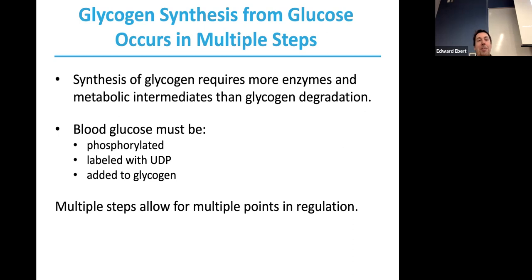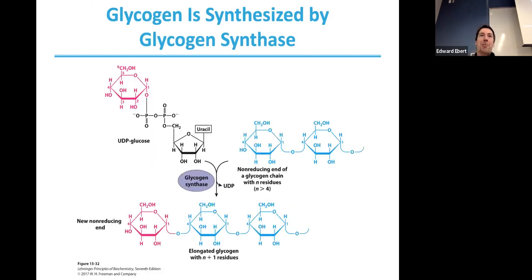The synthesis of glycogen requires more enzymes than just our phosphorylase and our debranching enzyme. Blood glucose has to be phosphorylated by hexokinase. It has to be labeled with UDP, or uridylated, and then it has to be enzymatically added to the glycogen. So we have several steps, and several places where we can regulate it. Oh no, right?